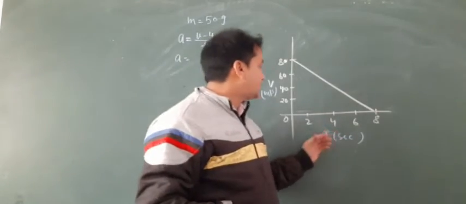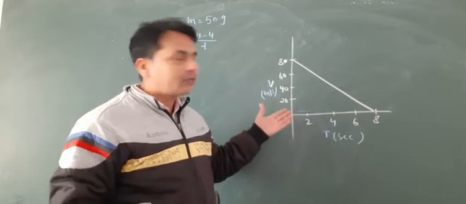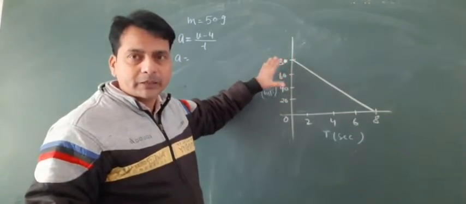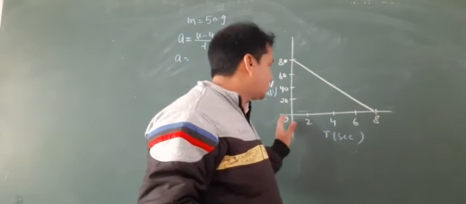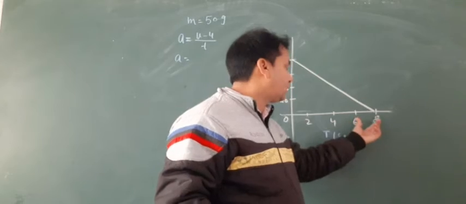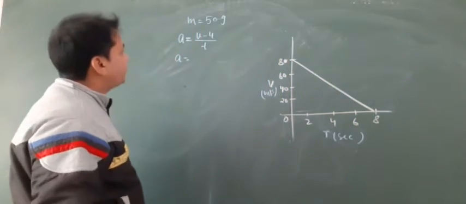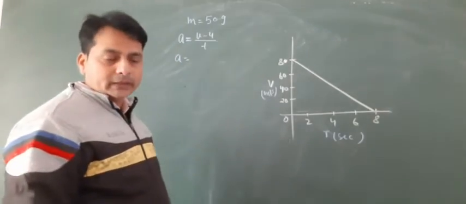Then the initial velocity is here, that is 0, and the final velocity is given on this graph, that is 80 meter per second, and the maximum time is given on the time axis, that is 8 seconds. So according to the formula of acceleration, as you know, a equals v minus u by t.